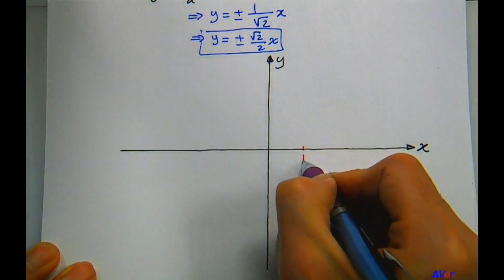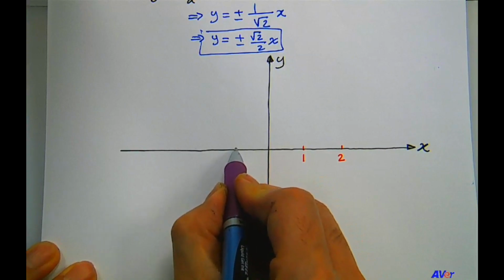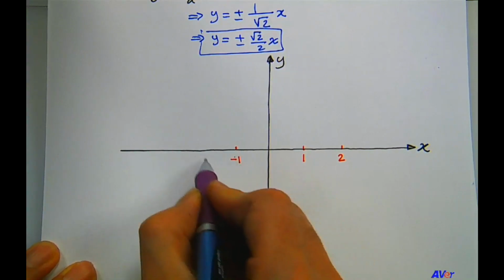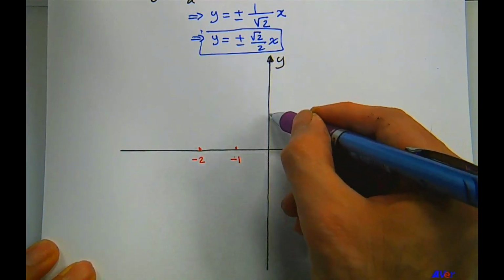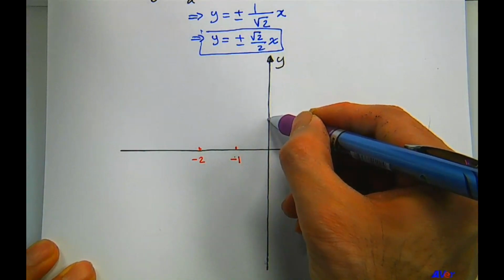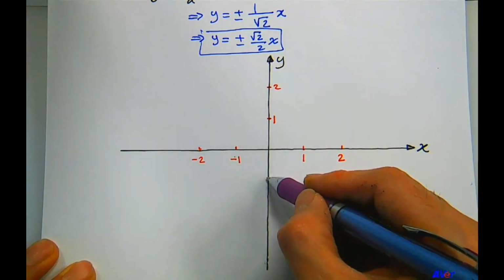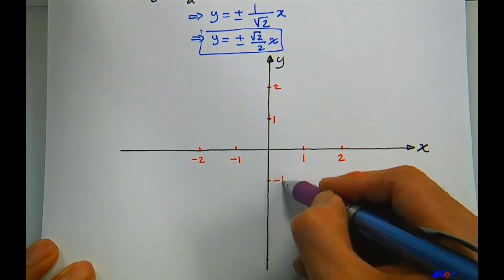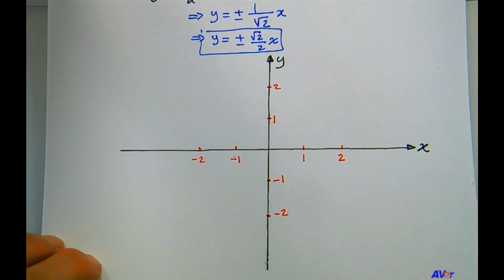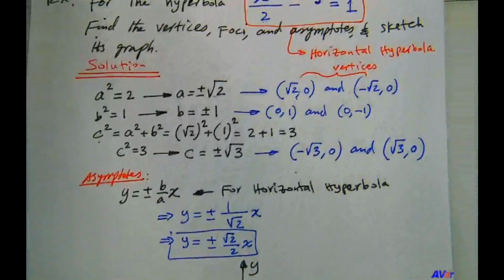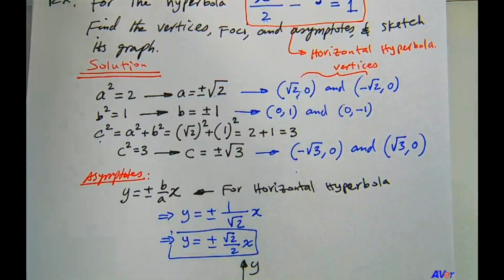So let's say that's 1, and this is 2, and minus 1 and minus 2, and also 1, 2, and minus 1, minus 2. Okay, so a is at square root of 2 and negative square root of 2 comma 0 along the horizontal axis.